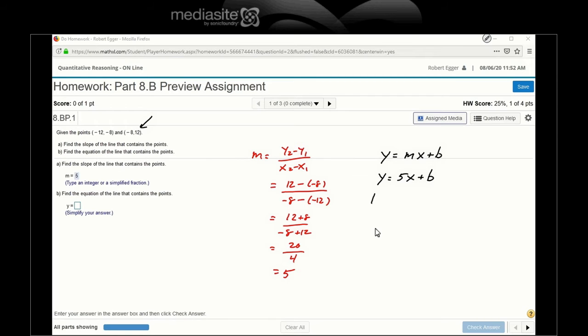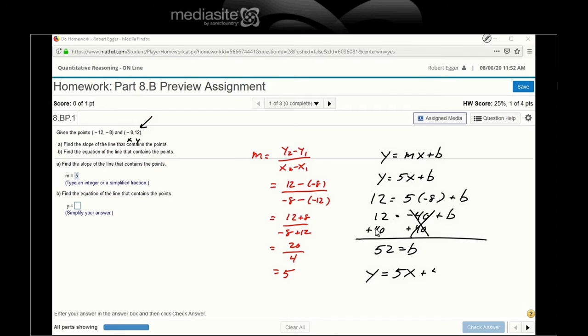So when y is 12, x is minus 8, remember, that's x, that's y. So 12 equals 5 times minus 8, which is minus 40, plus b. That's some algebra here. So 52 equals b. So I think y is 5x plus 52.